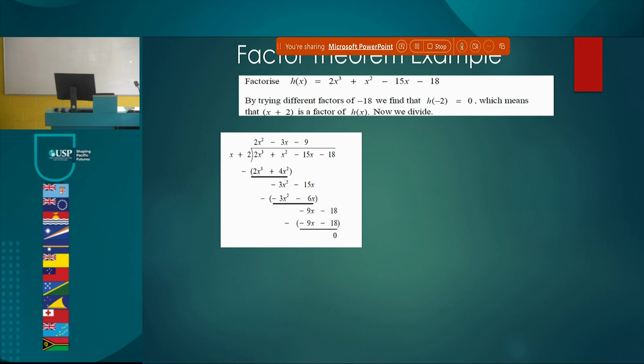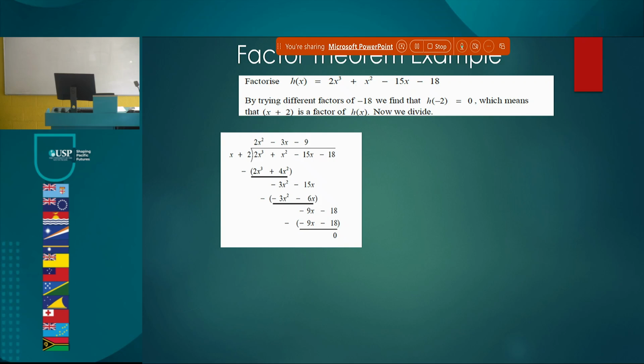Since we found the first factor, we divide the dividend by that first factor. What should our remainder be equal to? 0, to agree with the factor theorem.